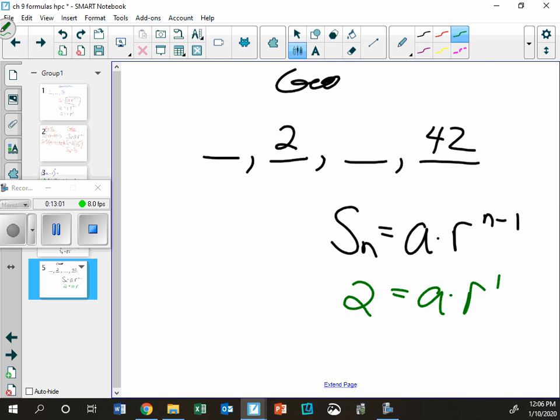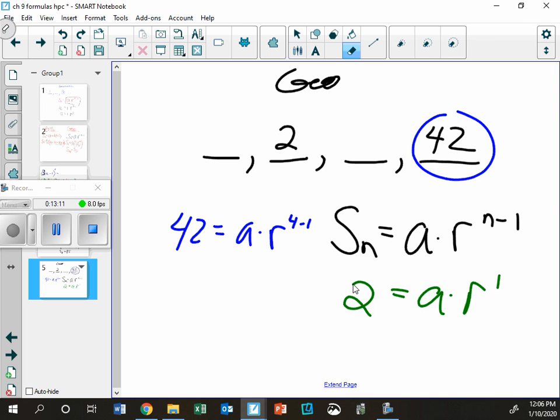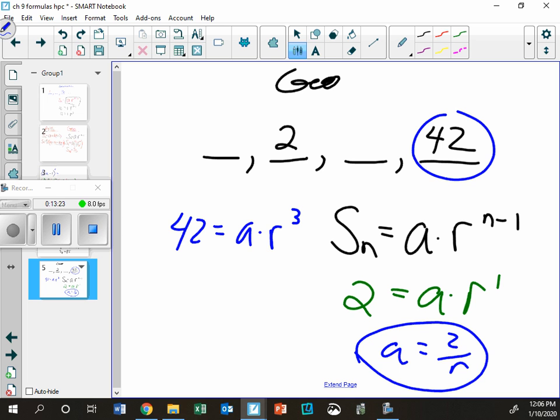Because the other equation, using the 42, would be 42 equals A times R to the, well, it's the fourth term, so I'd use 4 minus 1, which would be 3. And then if I solve the first one for A, and it's 2 over R, couldn't I just put 2 over R wherever there was an A, like maybe right there, and then you could solve it for R?